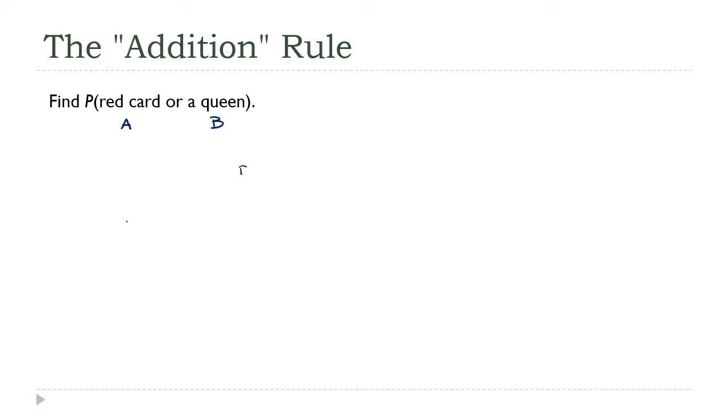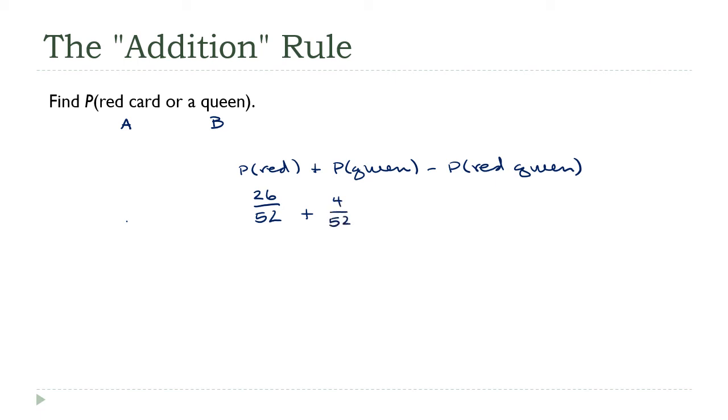This is the probability of getting a red card plus the probability of getting a queen minus the probability of getting a red queen. All right, well, red cards, that's half the deck, right? So it's 26 out of 52. Queens, there's 4 of them altogether, so this is 4 out of 52.